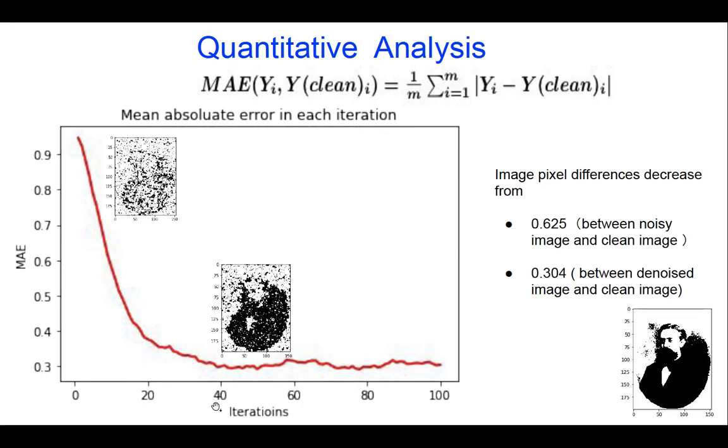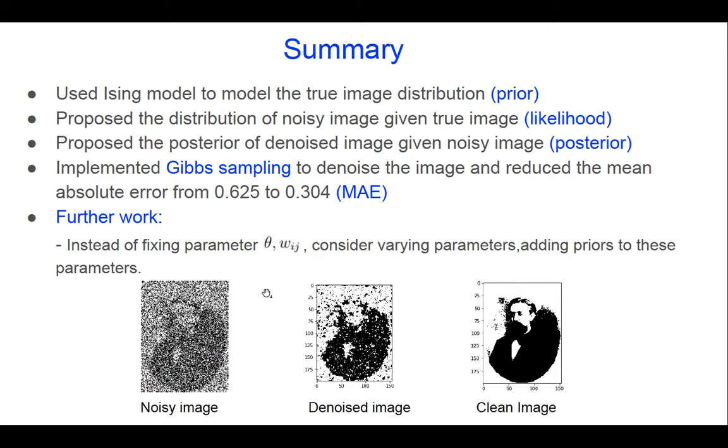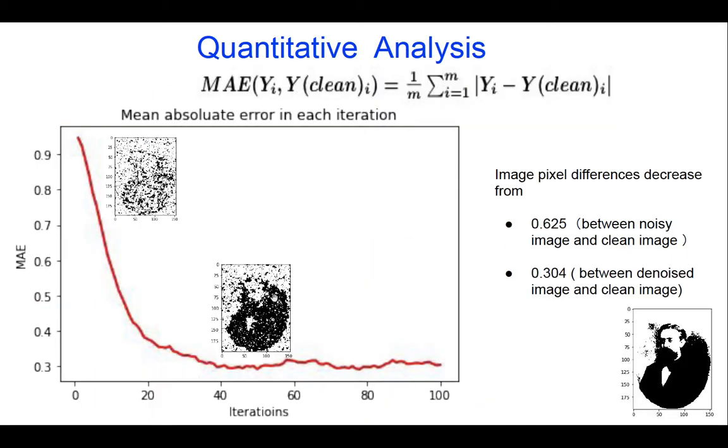The x-axis is iterations, and the y-axis is MAE. In this period, when the iteration increases, the MAE decreases dramatically. And then after about 40 iterations, the MAE is stable. So for this image we choose 40 iterations.